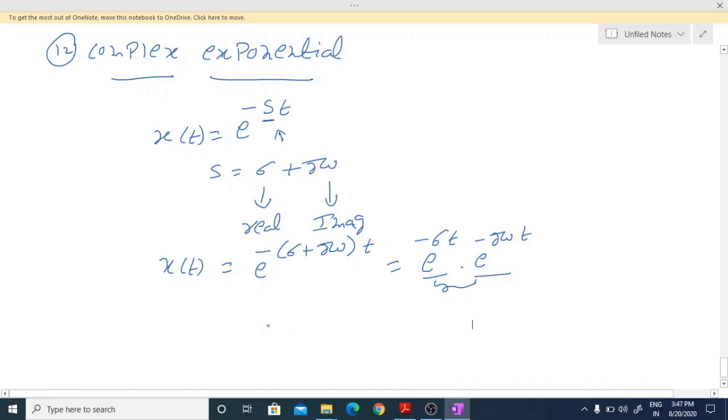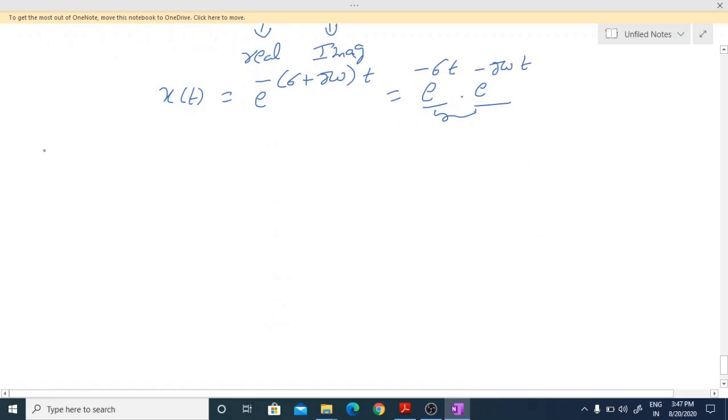And now we can draw the signals. In the first case, if j omega equal to 0, that means the imaginary term becomes 0, then what is the signal?